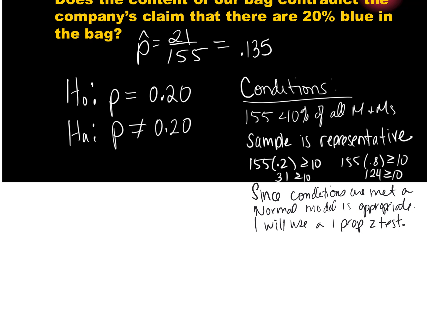Okay, so I'm going to calculate my standard deviation based on the hypothesis. 0.2 times 0.8 divided by 155. And then we're going to draw a model.